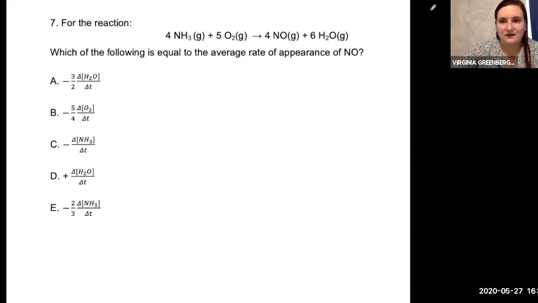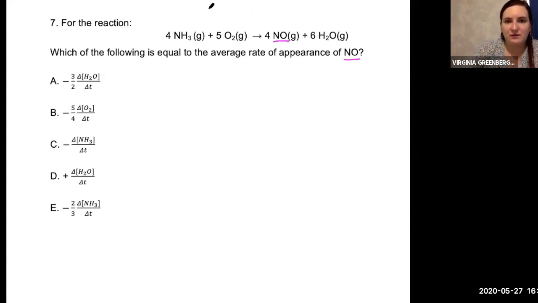Okay, now we're at number 7, and we have this reaction, and they're asking us something about NO. Okay, and then if we look at our answers, we see that they're written in terms of all different molecules, not about NO. And so when we're thinking about switching between the perspectives of different molecules, we'll have to use the stoichiometry.